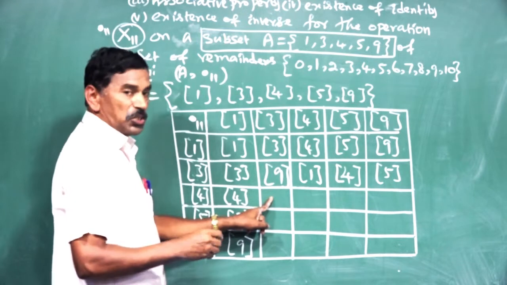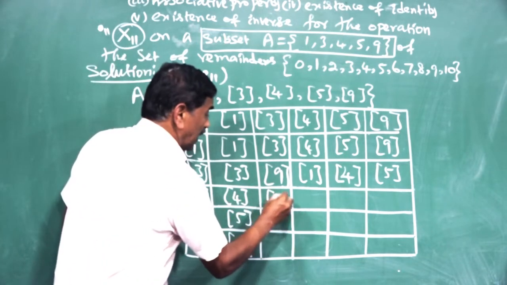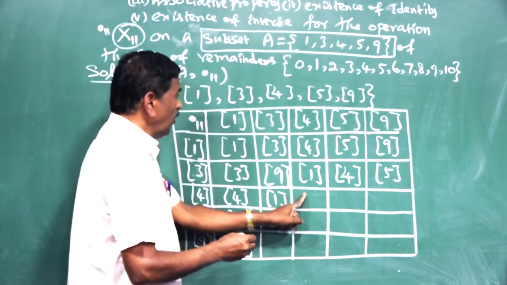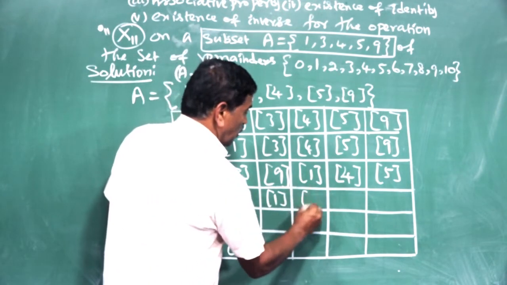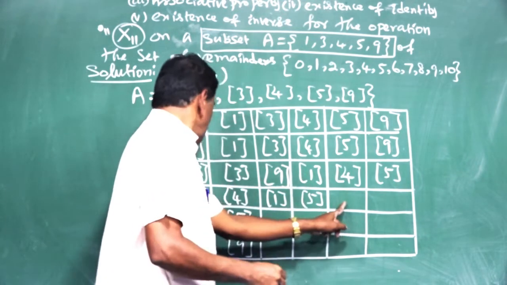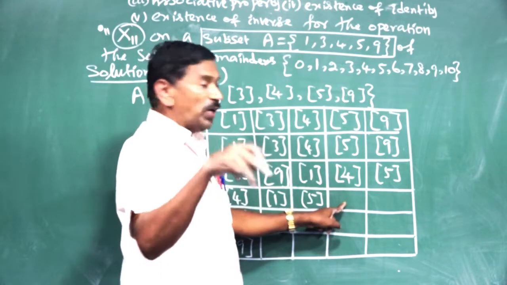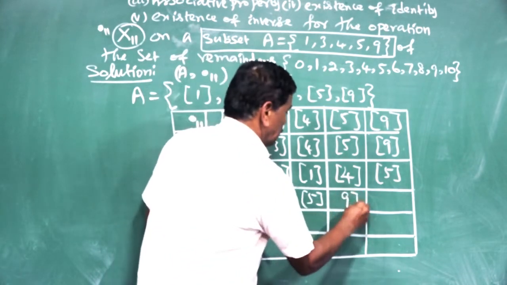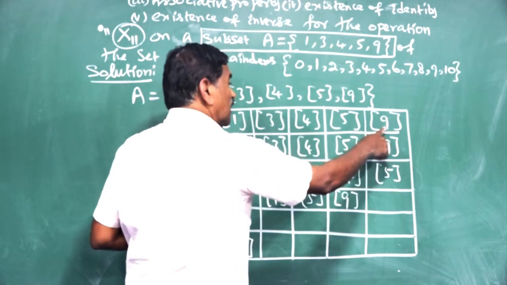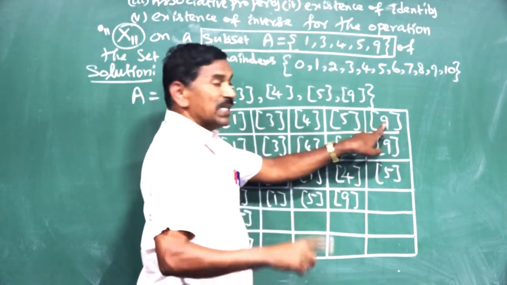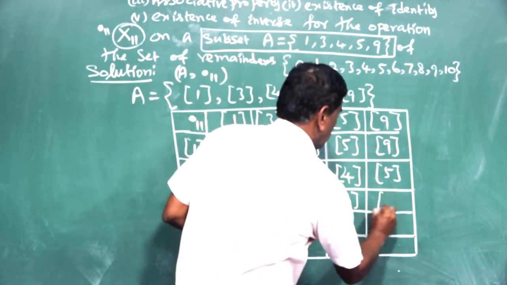Here 4 3s are 12, 12 minus 11 is 1. 4 4s are 16, 16 minus 11 is equal to 5. 4 5s are 20, 20 minus 11 is equal to 9. 4 9s are 36, 36 minus 33 is equal to 3.